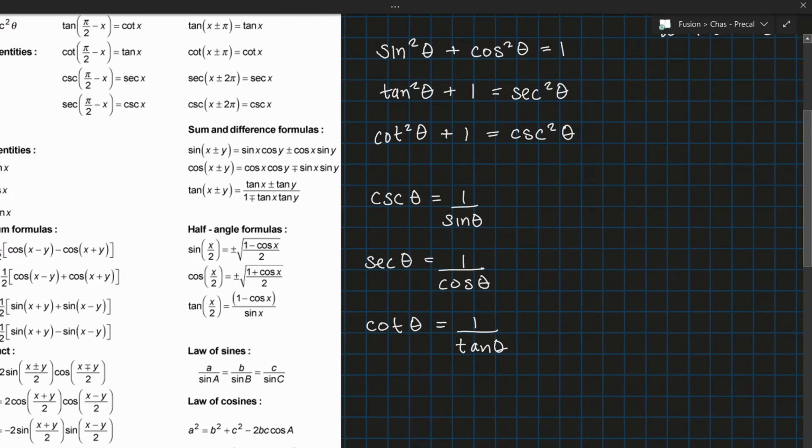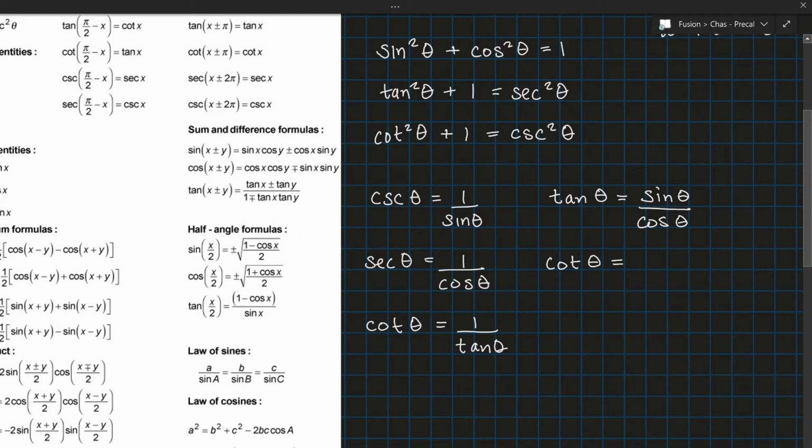Also, along with these three, I would remember that tangent can always be rewritten. Do you remember what it can be rewritten as? Sine over cosine. Good. What about cotangent? Cotangent is cosecant over secant.